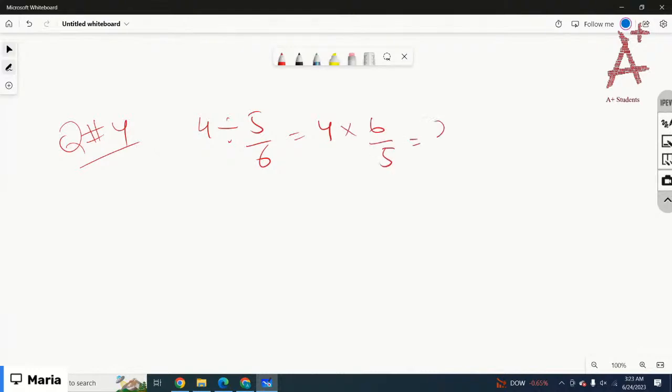So 4 times 6 is 24, and 24 over 5. When you divide 24 by 5, it would be 5 times 4 is 20, and the remainder is 4 over 6. Got it?